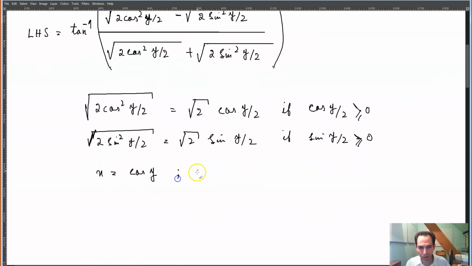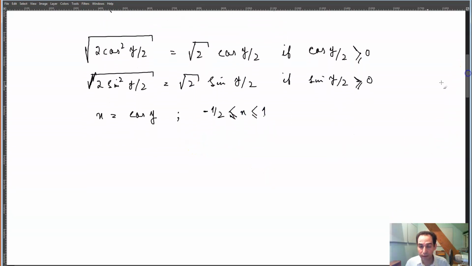X goes from negative 1/2 to 1. Negative 1/2 is less than or equal to x less than or equal to 1, which means that I can say that negative 1/2 is less than or equal to the cos of y is less than or equal to 1, right?